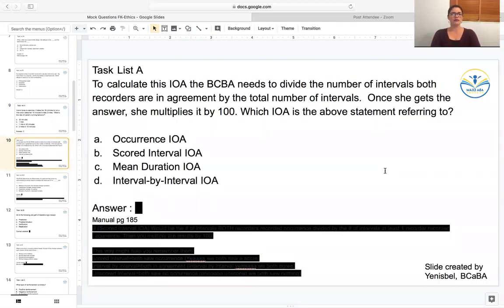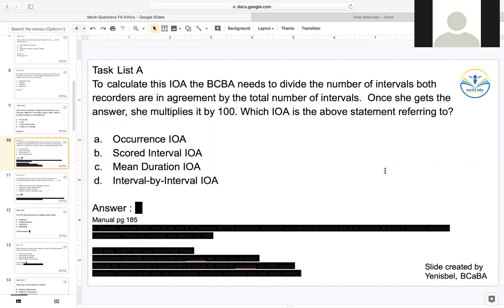You want to do it, Rita? Sure. To calculate this IOA, the BCBA needs to divide the number of intervals between recorders that are in agreement by the total number of intervals. Once she gets the answer, she multiplies it by 100.